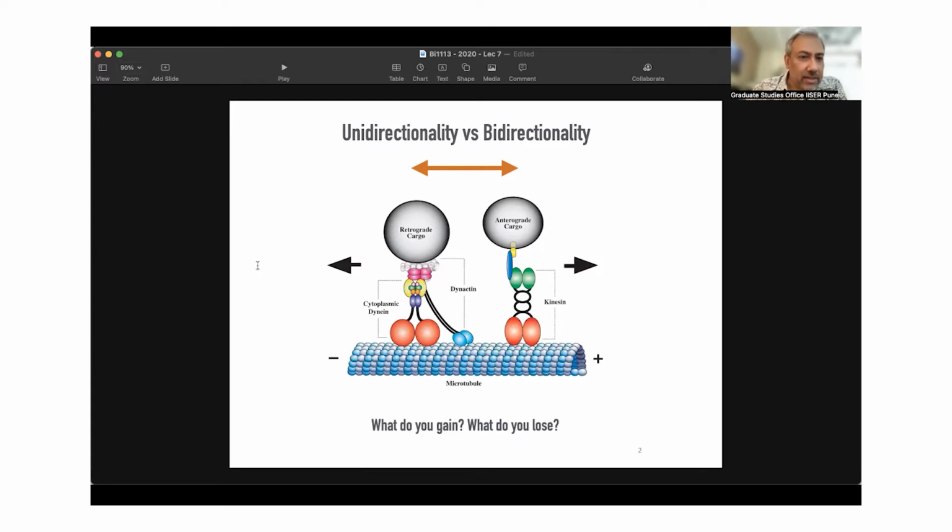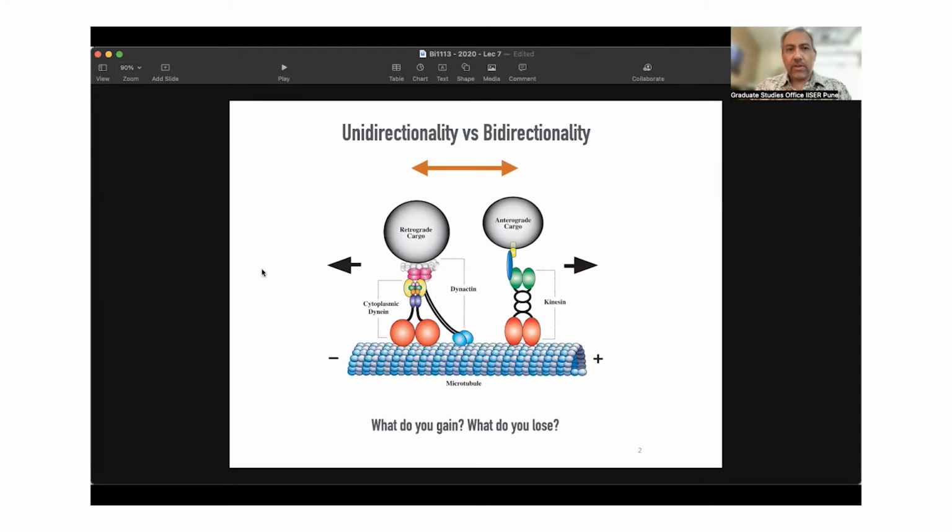Kavya has said the same reason, that microtubules have directionality to distinguish one direction from the other. Both motor proteins that go in one direction as well as those that have bidirectionality will have to have a way to tell which direction they are heading in.